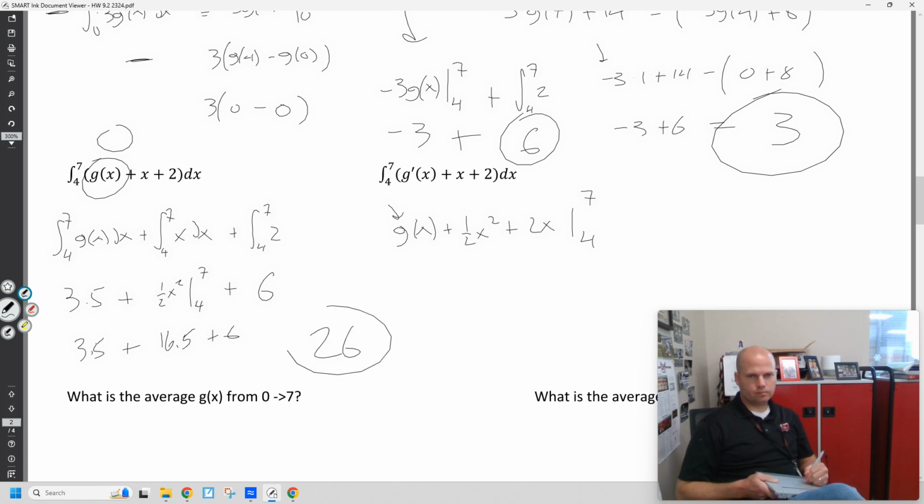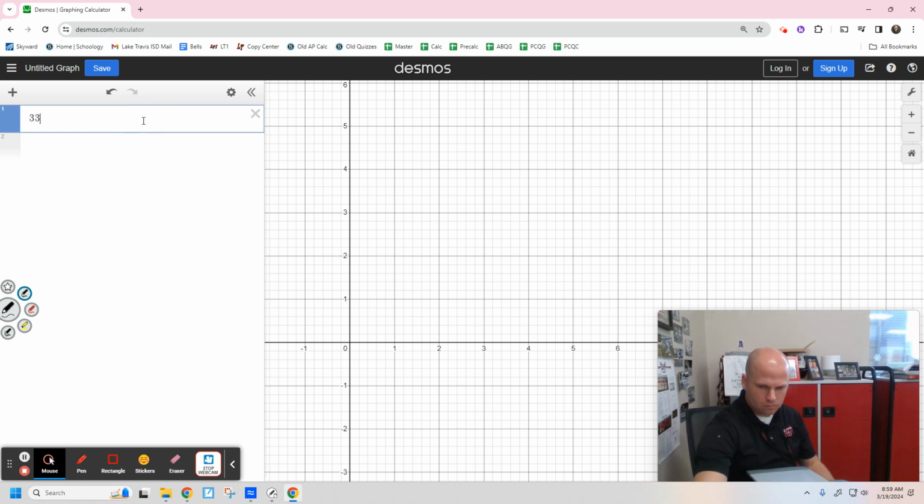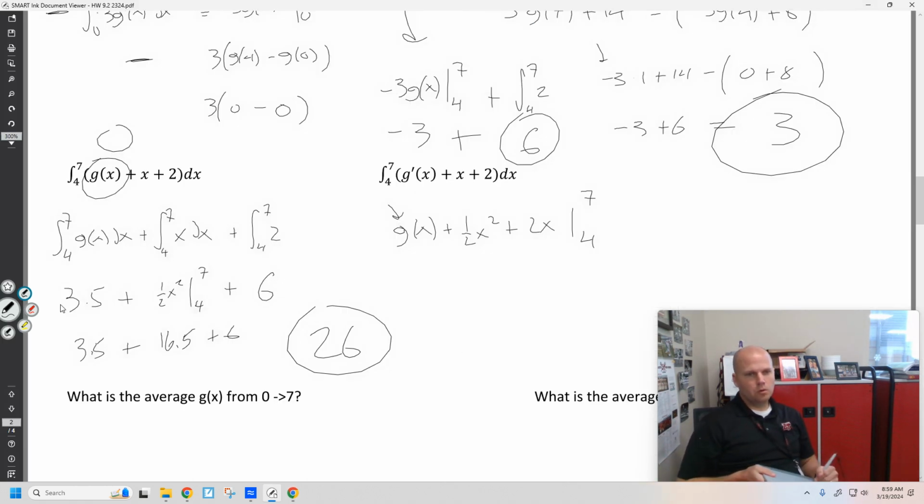26. But over here, plugging in 7. Now, honestly, it's probably going to be better to split this up because like 2 of these 3 are going to be easier to calculate.